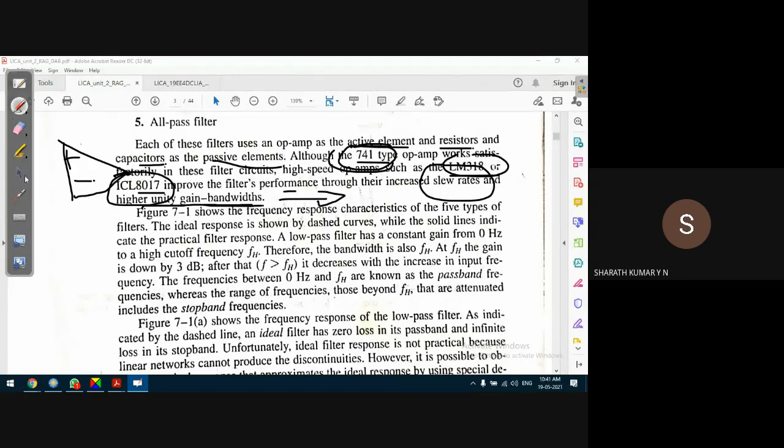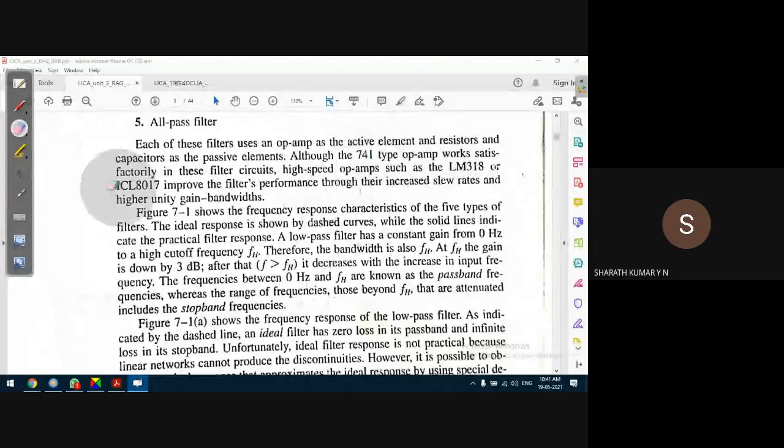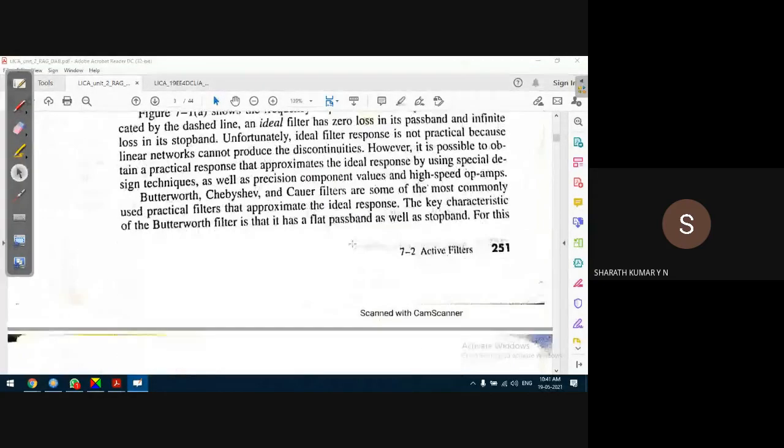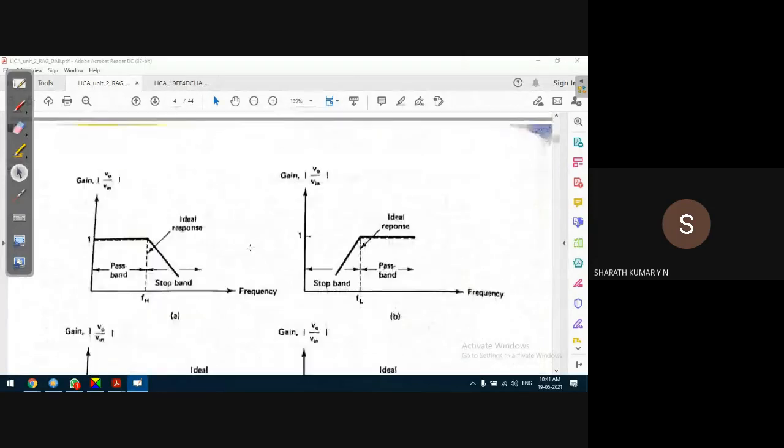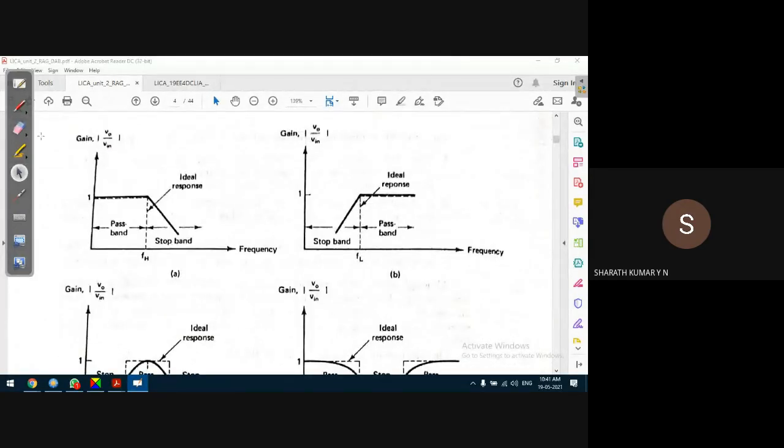Figure 7.1 shows all the filter responses. Let us quickly look into that. This is what is known as a low pass filter. As the name suggests, it will allow only low frequency signals, up to the frequency FH.